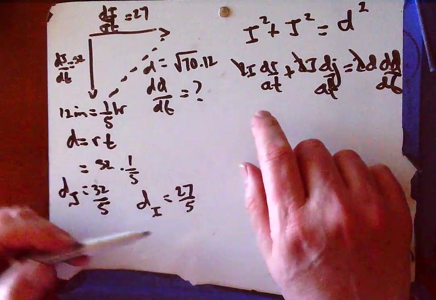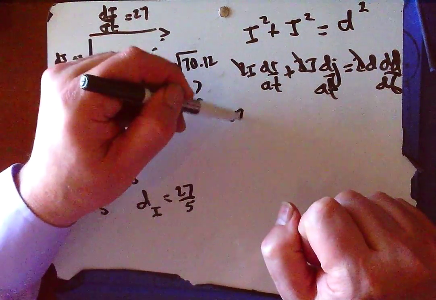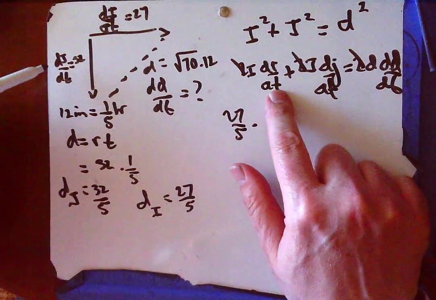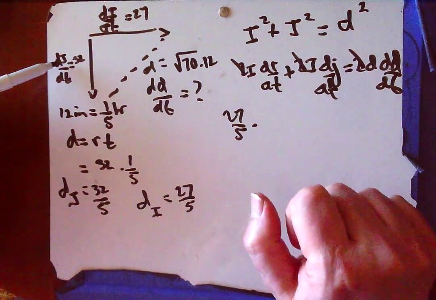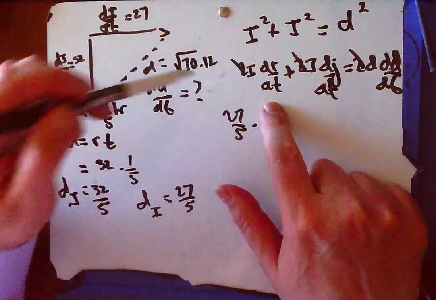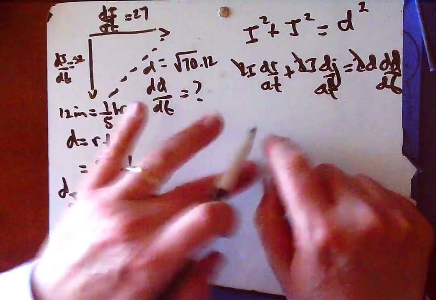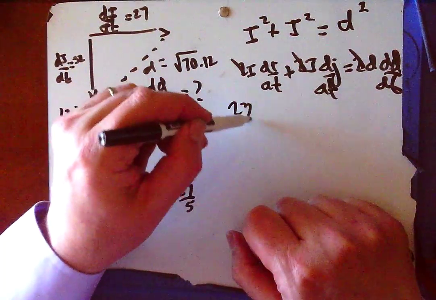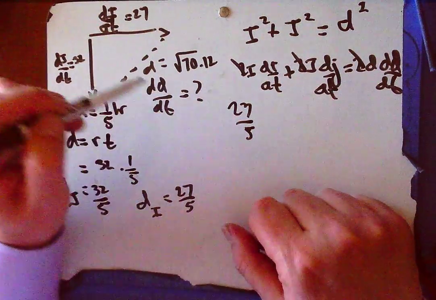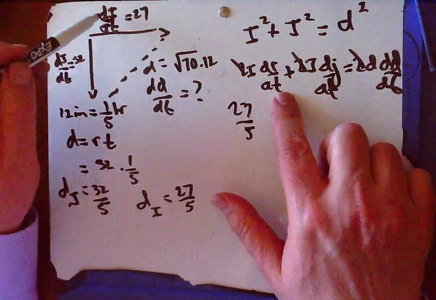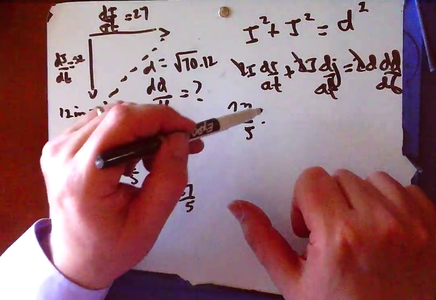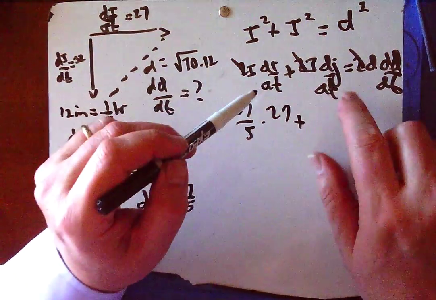My I distance was 27 over 5, and di/dt is 27.